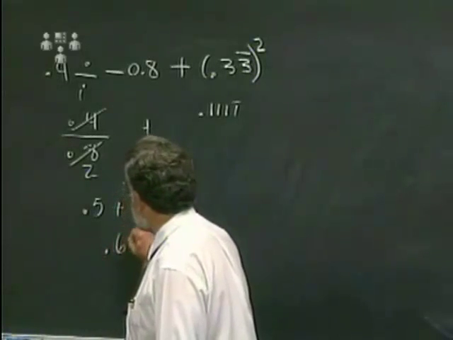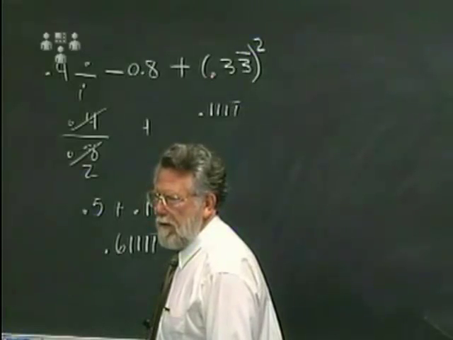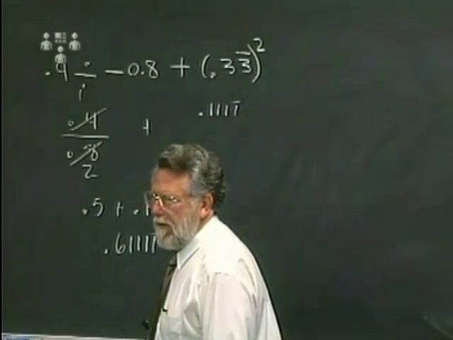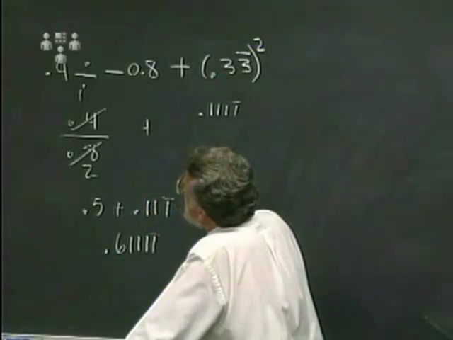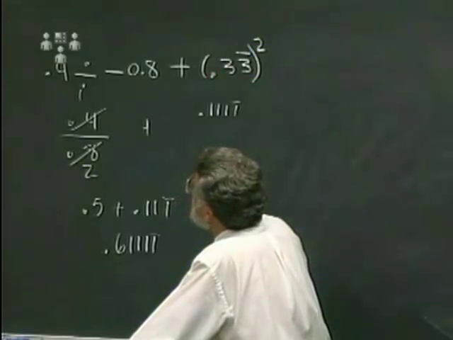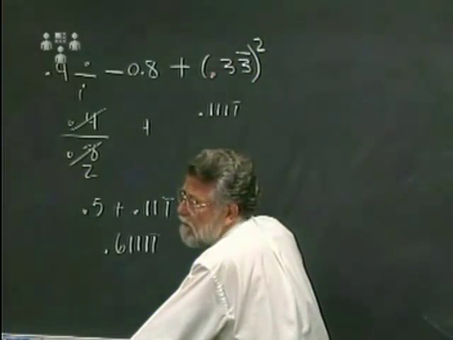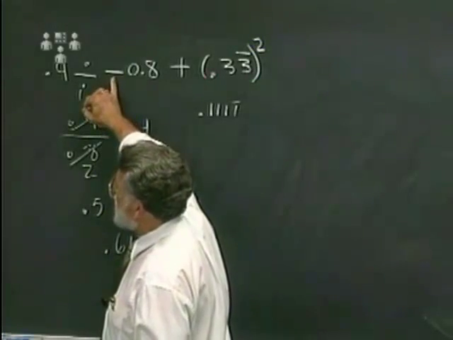Hence 0.6111111 forever. But when I checked it in the book, it was negative .038. Okay, just a minute. I made an error. I was adding, and I neglected to see what? The minus sign. That was my error in both cases.